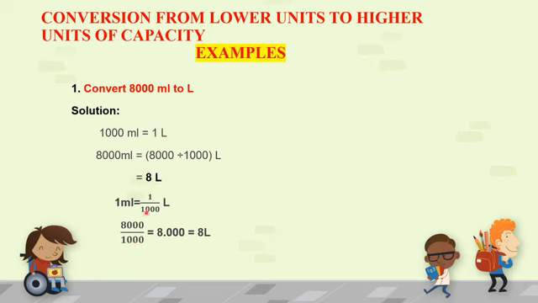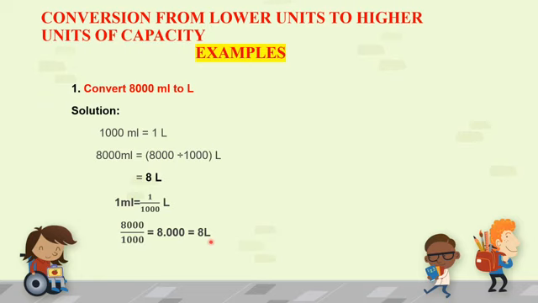Because 1 milliliter equals 1 by 1000 liter. So 3 zeros, so we count 3 digits from the right of our numerator, 1, 2, 3, and then we put a dot. The number before the decimal point represents liter, and the numbers after the dot represent milliliter. Since all are zeros, there is nothing in milliliter. So your answer is 8 liter.